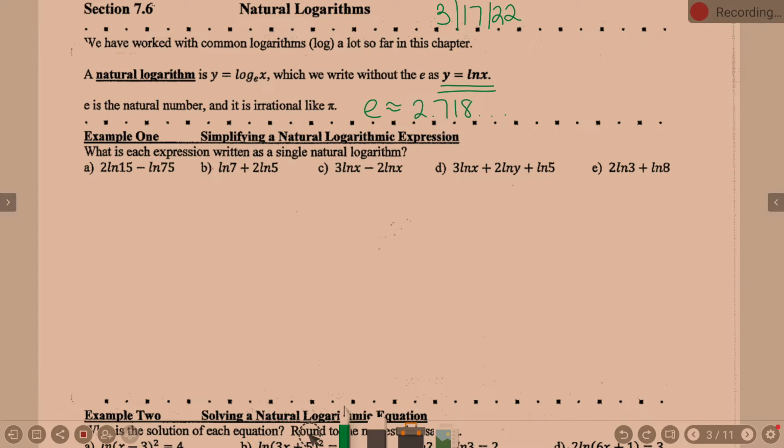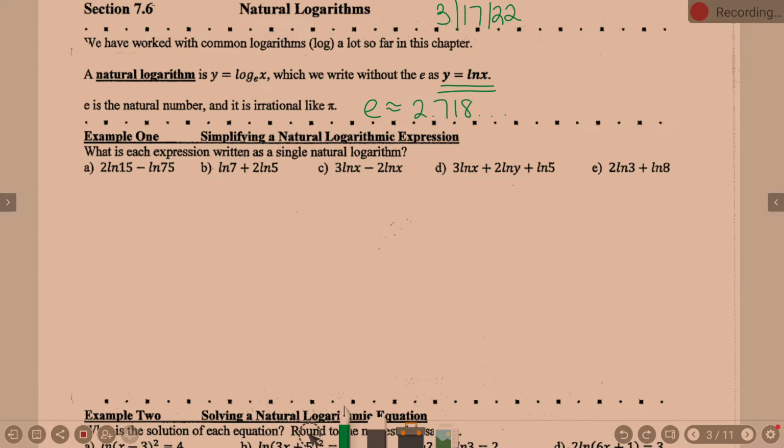Now, a summary of what we're doing in lesson 7.6. Everything we did in lesson 7.5, maybe 7.4, but with natural logs instead of regular logs. So we're still practicing our properties, we're still going to solve some equations, we're still going to simplify some expressions. We're just using natural logs instead of common logs. So, example 1.